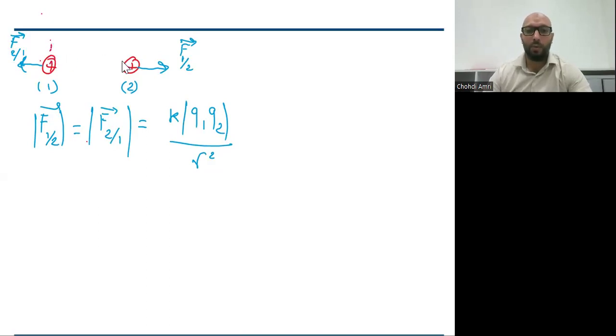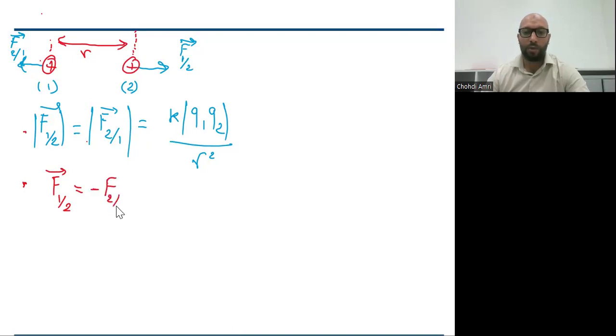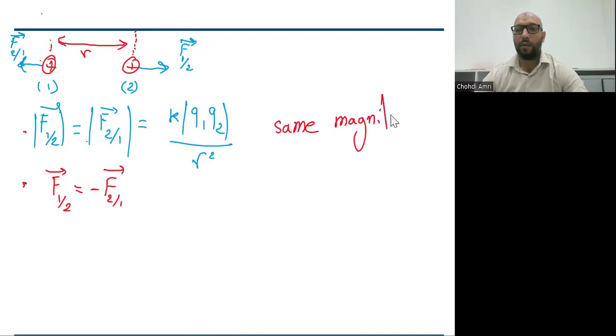The distance between the two point charges is called R. However, these two forces have opposite direction. So we can say F1 on 2, the force applied by charge 1 on charge 2, is equal to minus the force applied by charge 2 on charge 1. They have the same magnitude, but opposite direction.